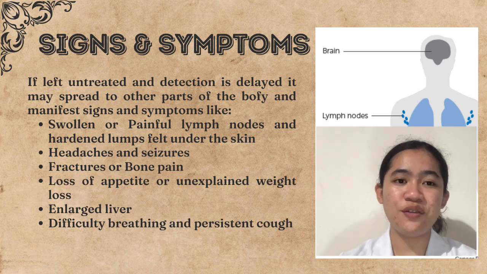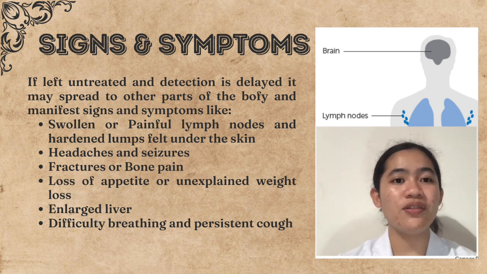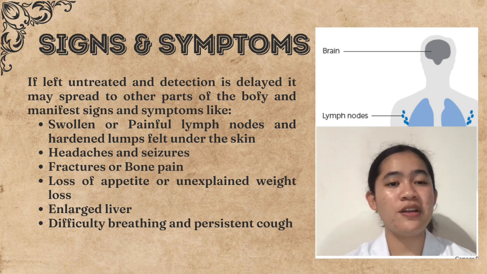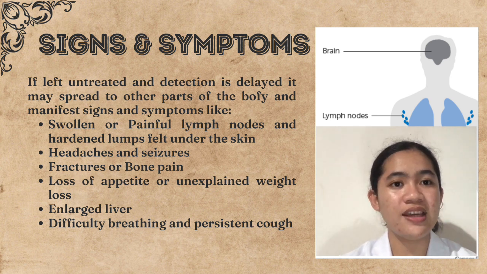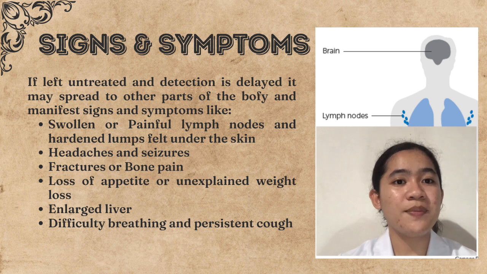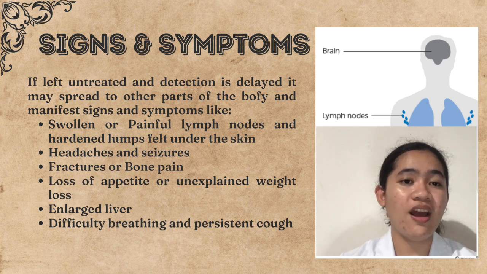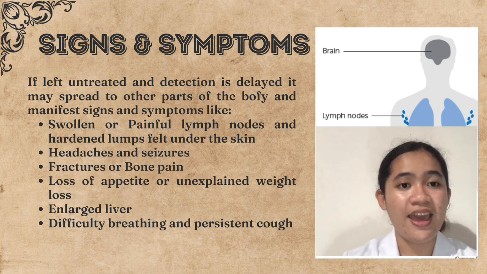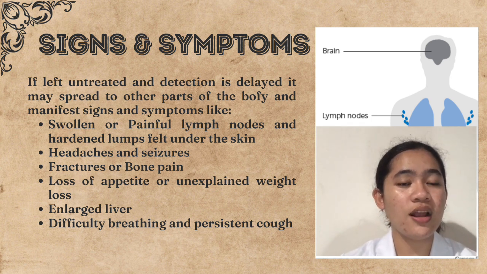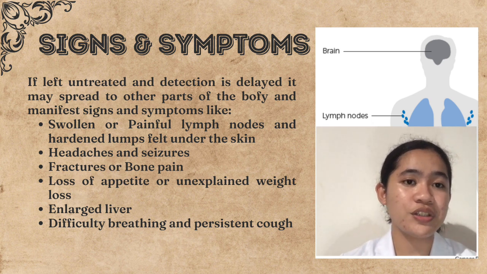And now, on a more severe degree of having malignant melanoma, wherein your melanoma or your skin cancer has already proliferated or spread out to different parts of your body and has invaded organ systems and organs, you may clinically manifest or experience the following symptoms and signs, such as swollen or painful lymph nodes or a hardened lump under your skin, headaches and seizures, a loss of appetite and unexplained weight loss, then bone fractures or bone pain, difficulty in breathing, and dry cough, as well as an enlarged liver.